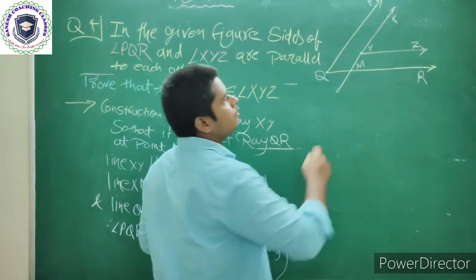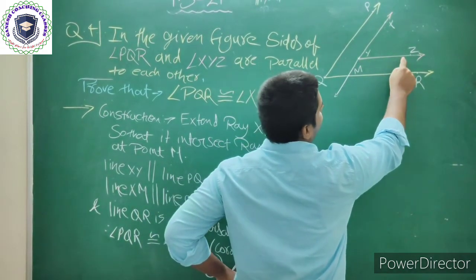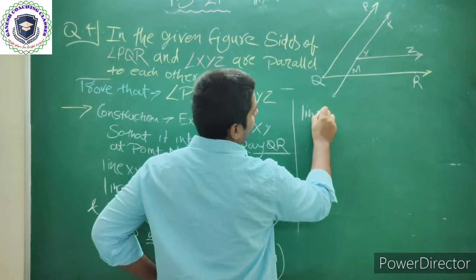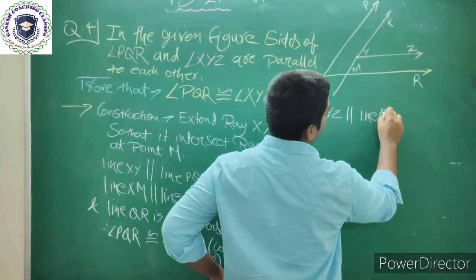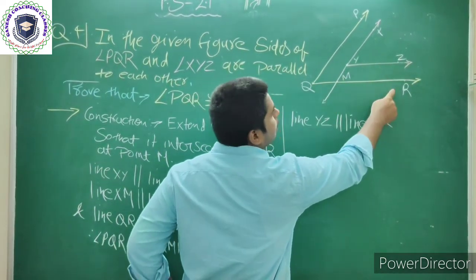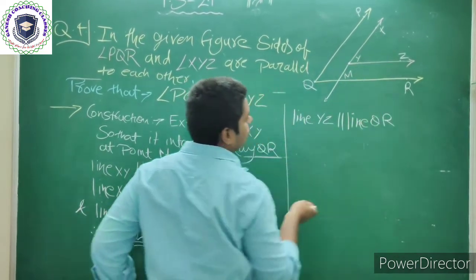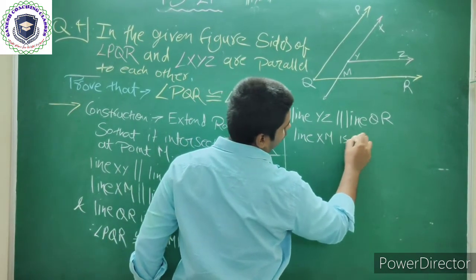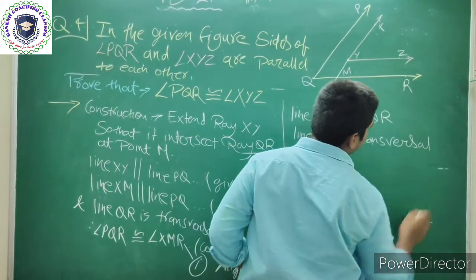Now first we took XY parallel to PQ. Now we have to do YZ parallel to QR. So line YZ is parallel to line QR. Here YZ is parallel to QR, and which line is acting as the transversal here? That is XM. So line XM is a transversal.